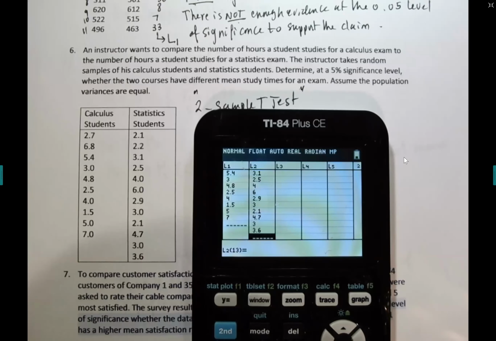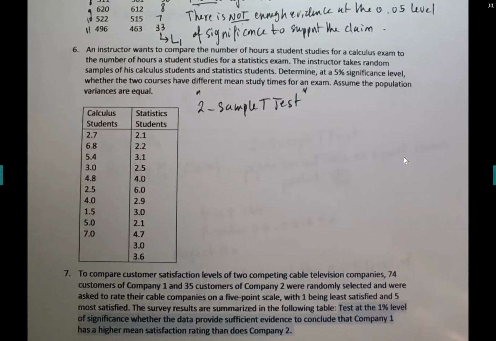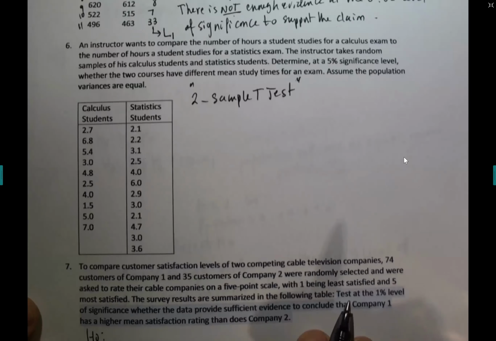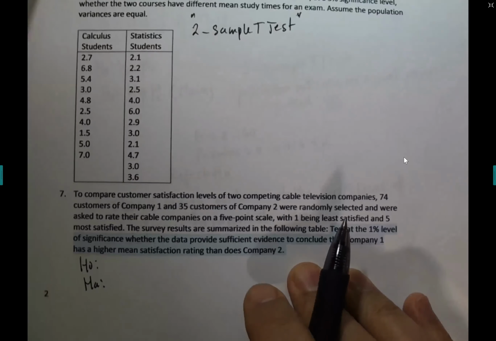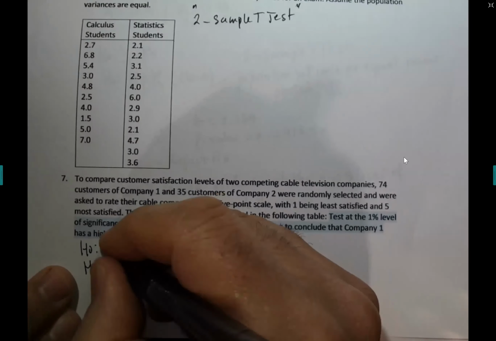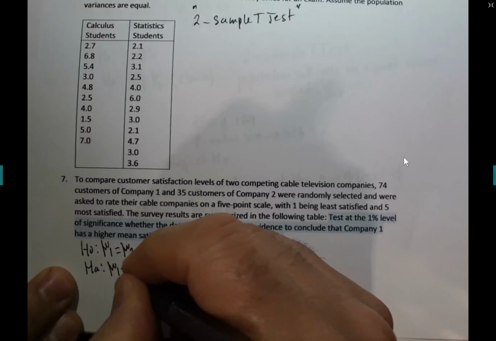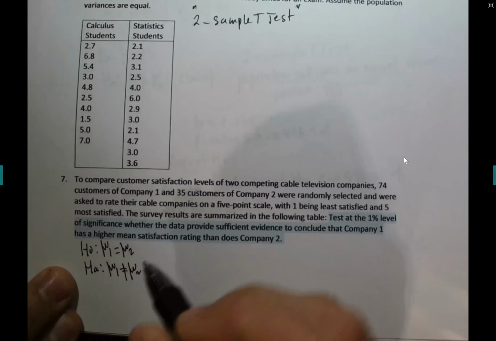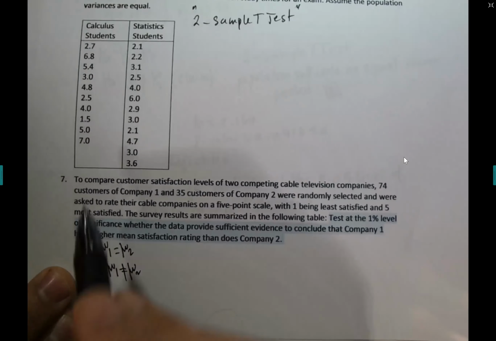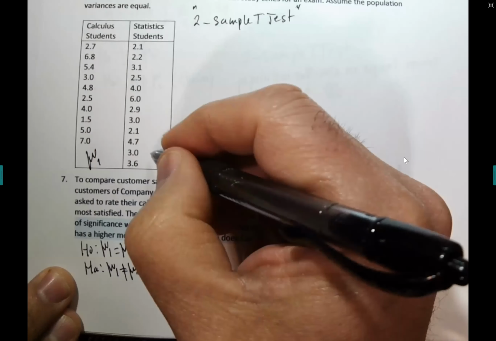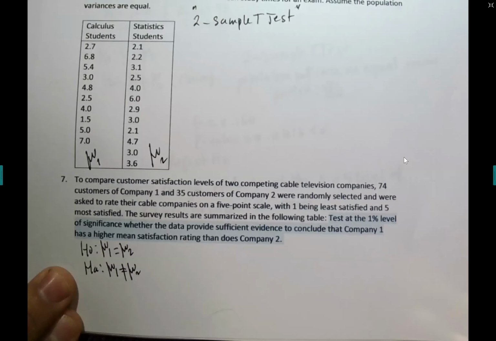So that should be easy, guys, to figure out that H0, HA should be mu1 equals mu2, and mu1 not equal to mu2. Here, mu1 refers to calculus, and mu2 refers to statistics.